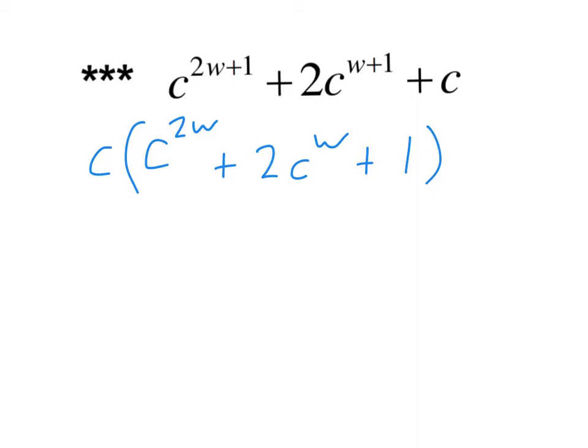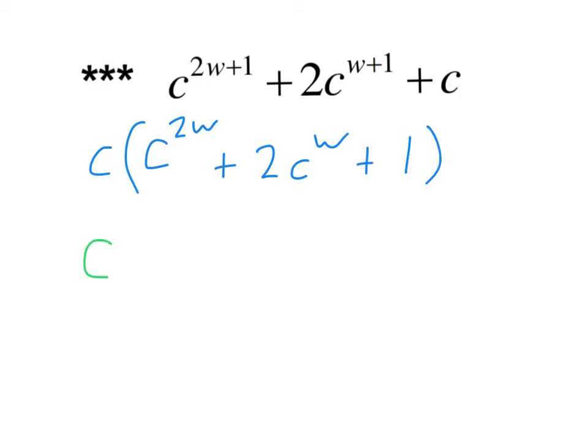Now remember how we had to rewrite that problem on number 20 where it was 4x to the 2a and we rewrote it as x to the a squared. You're going to have to do the same thing here.